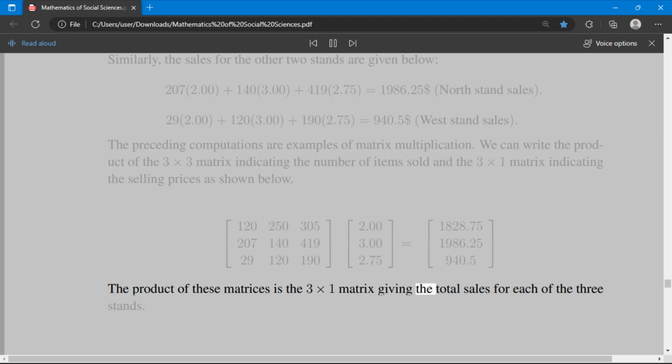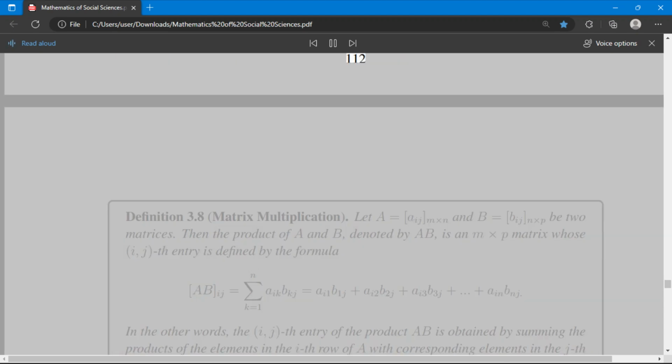The product of these matrices is the 3 times 1 matrix giving the total sales for each of the 3 stands.